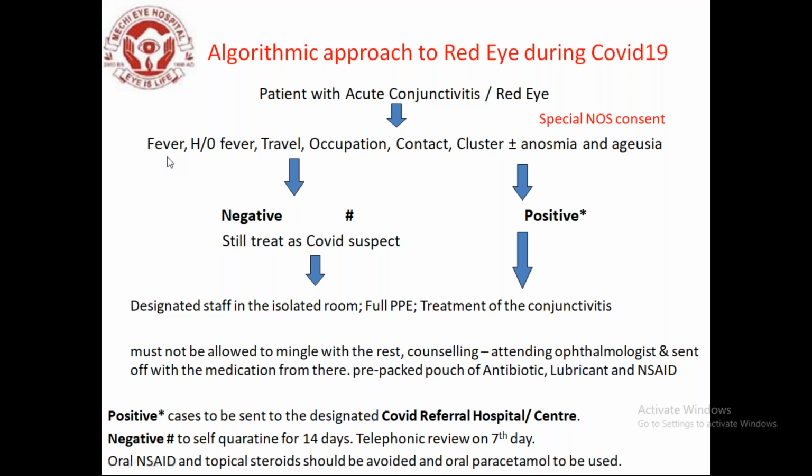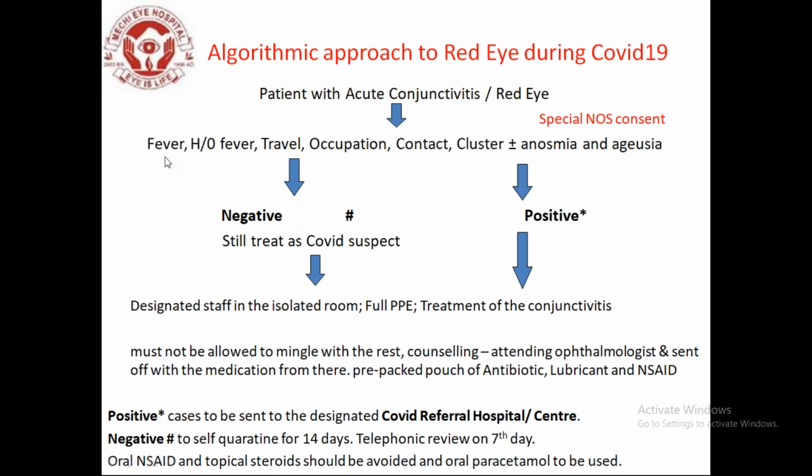Now the history of travel to the endemic parts becomes relevant, like history of travel to the hot spots, occupation, history of contact, or whether he is from the cluster, or there is the presence of anosmia or ageusia, that is recent loss of smell or the loss of taste. So if these are positive, we send them to the COVID center, and if these are negative, we still treat them as a COVID suspect.